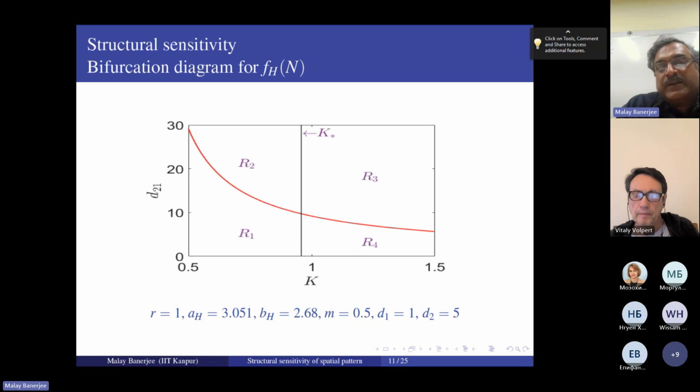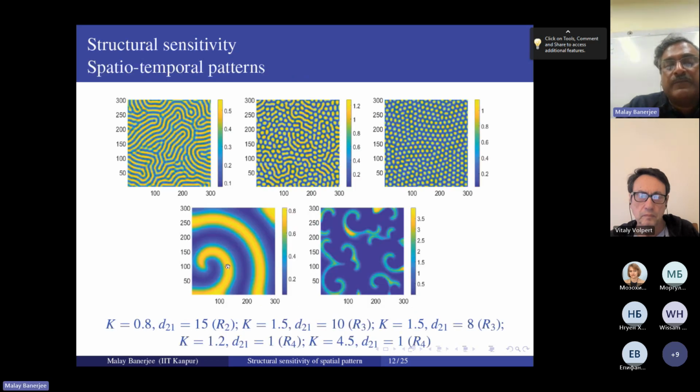And as per your question, yes, the spiral pattern is obtained within the Hopf instability region. As far as my understanding is concerned, at least one instability is required for the generation of a spiral pattern. So here the instability of the temporal component, that means Hopf instability, is sufficient, with a particular type of initial condition, to lead to this type of spiral pattern, at least for this model.